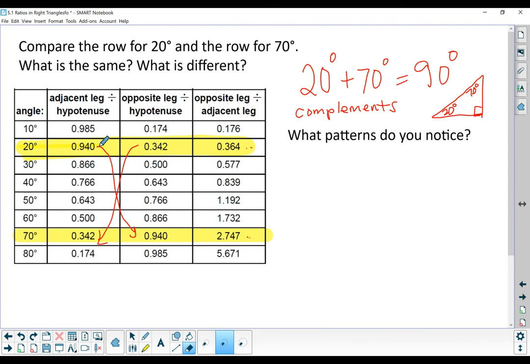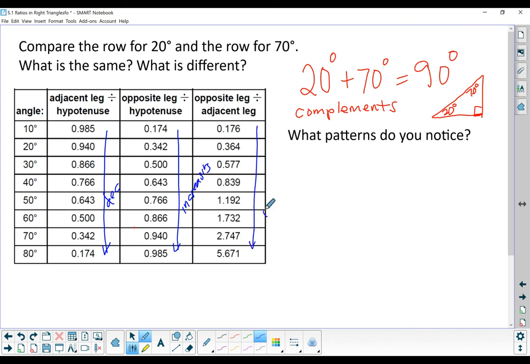Another pattern you might notice is that if we look down our chart, this one is decreasing, while the opposite divided by hypotenuse is increasing. This one also increases.